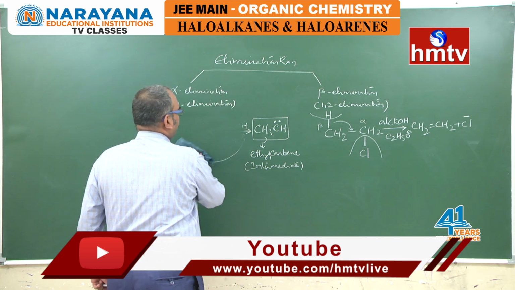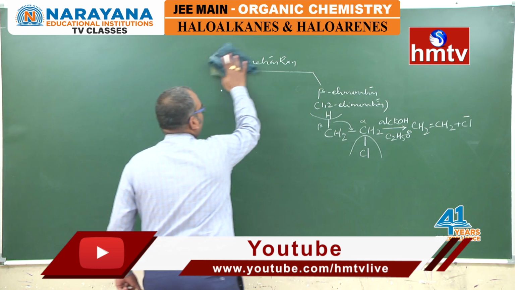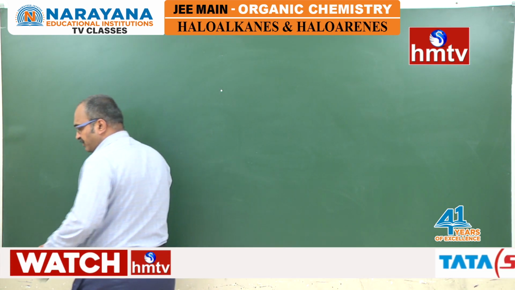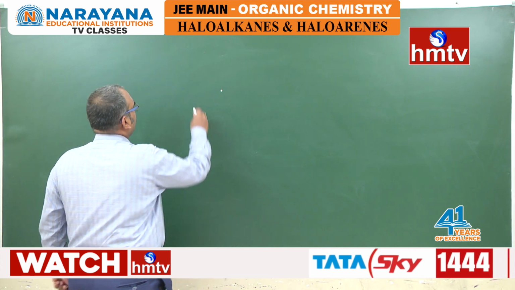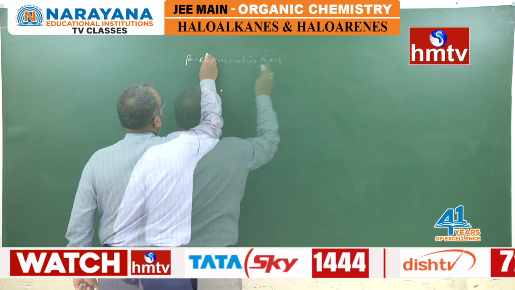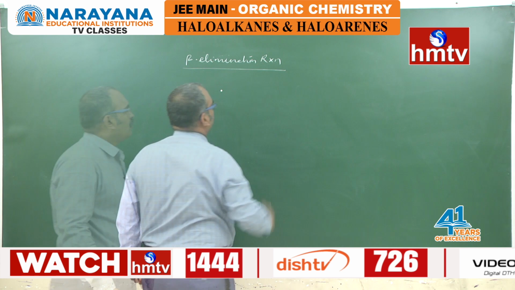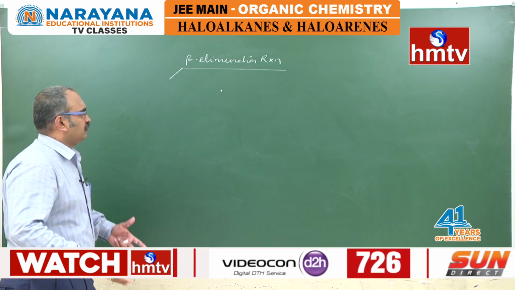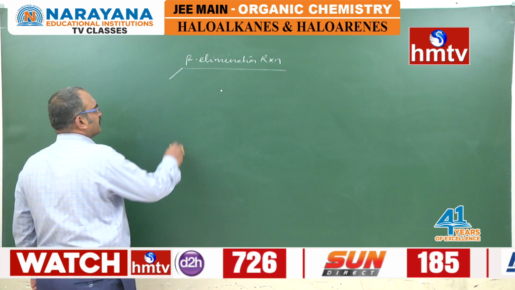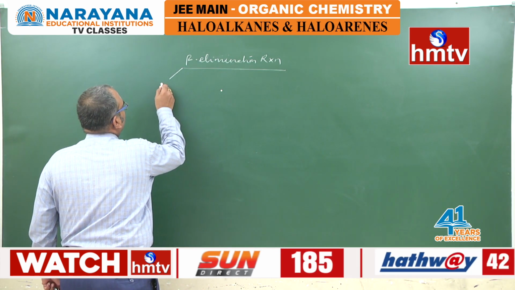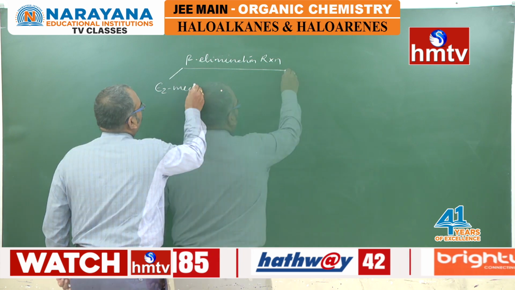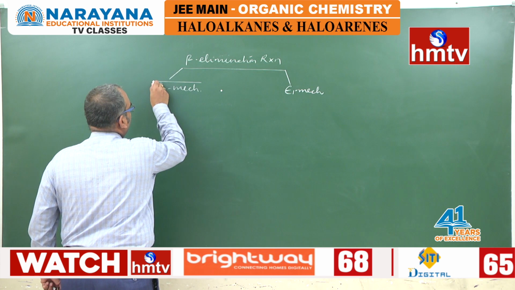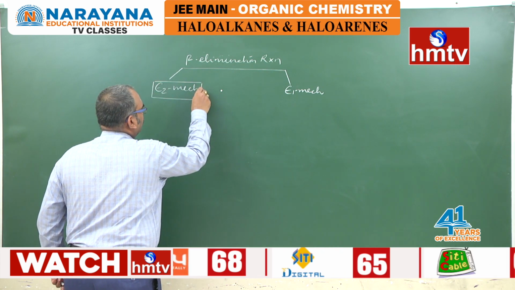Now let us see the most important reactions, beta elimination reactions. Beta elimination reactions mainly proceed through two types of mechanisms in the syllabus, the E2 mechanism and the E1 mechanism. E2 means bimolecular elimination.